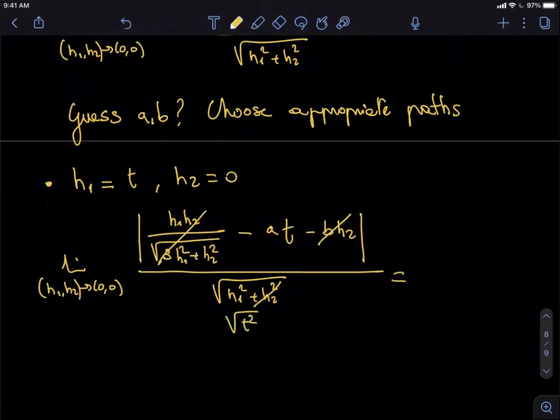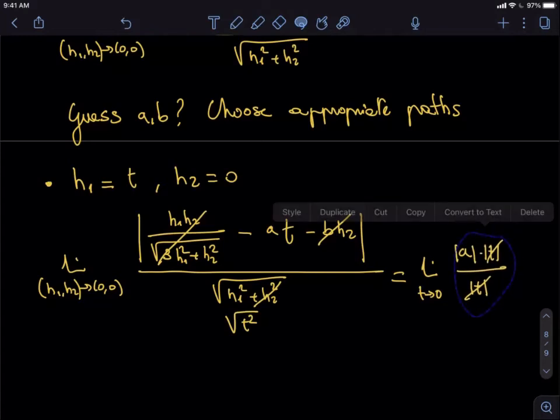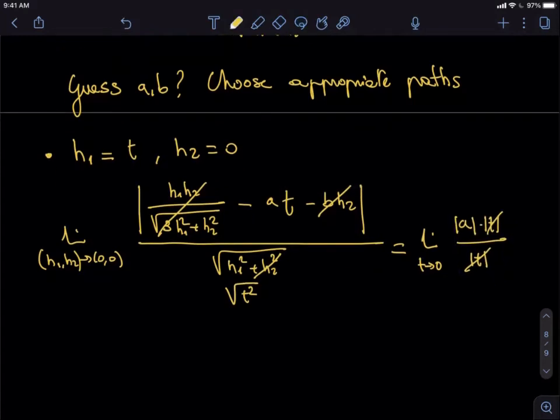So what I get here is the limit as t tends to 0 of absolute value of a, absolute value of t divided by absolute value of t, these two go, and I need this to be equal to 0. This is equal to a, right?